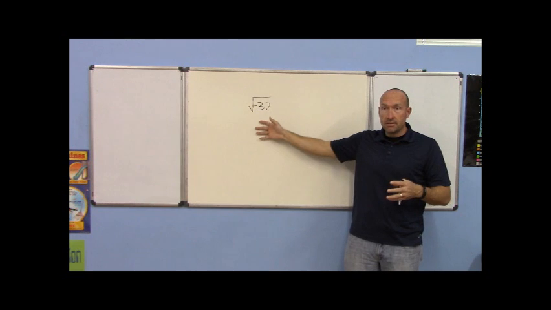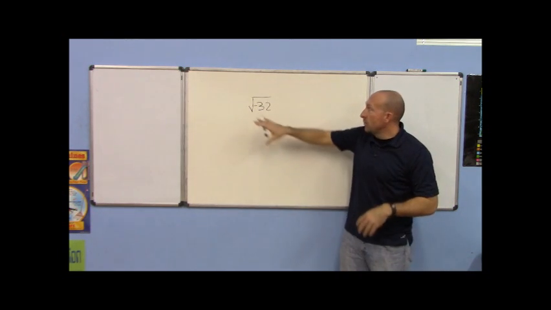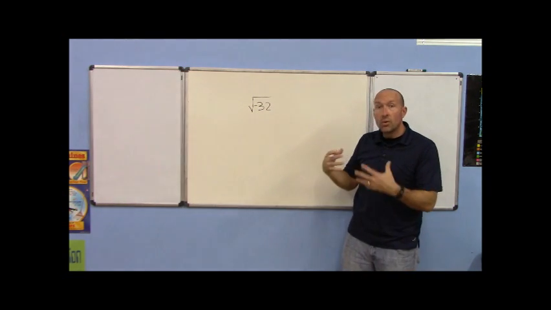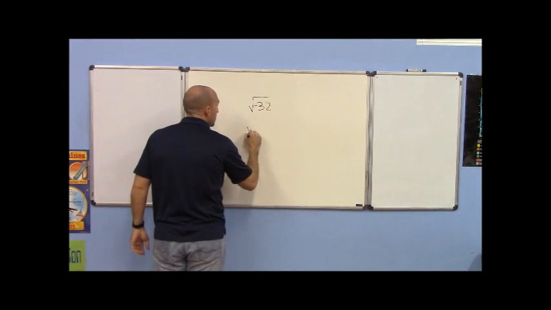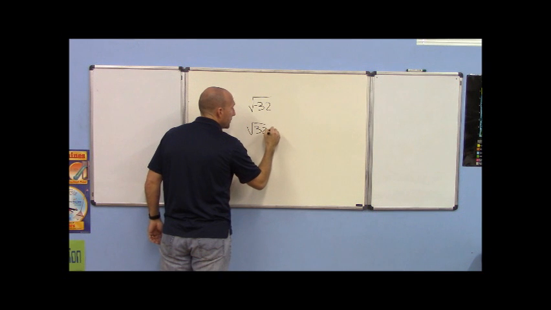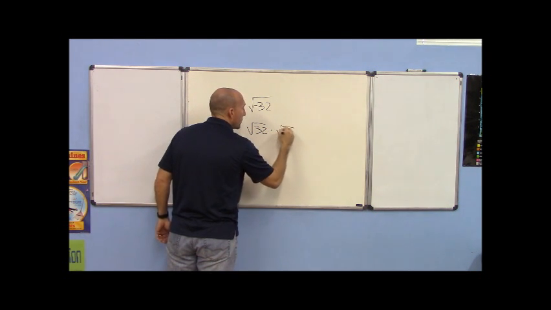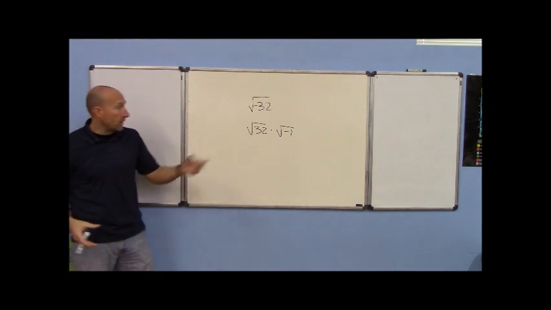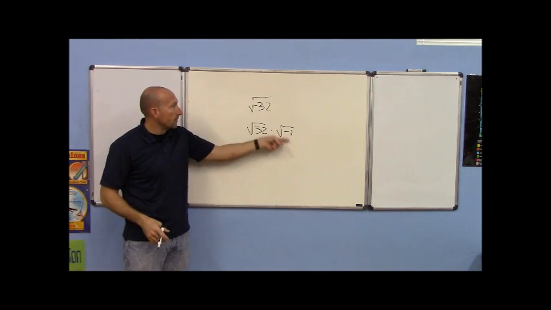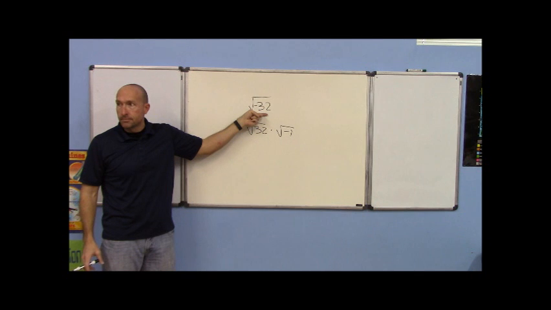We can't calculate this. So every time we see something like this, we're going to rename it to help us out. We can rename this as square root of 32, positive 32, times the square root of negative 1. Because theoretically, we can multiply these two together and end up with that.